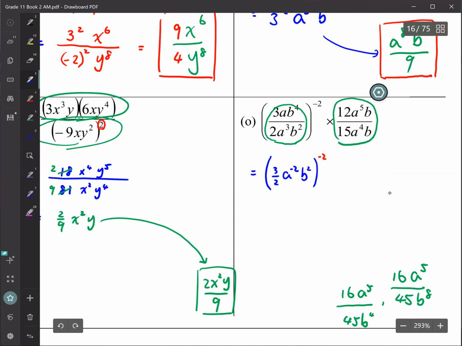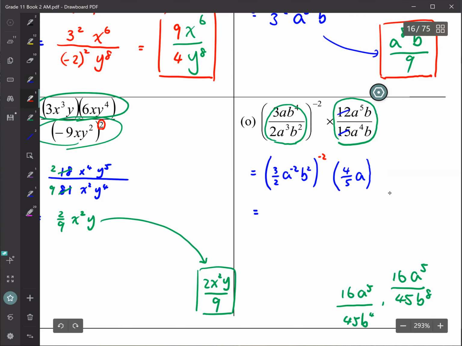And then for the second fraction, we can reduce the 12 and 15, divide by 3, so that makes it 4 over 5. The b cancels out, so that's gone. So that's what you can do first. Make it simpler and simpler.